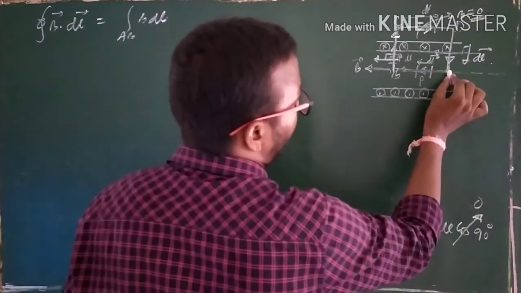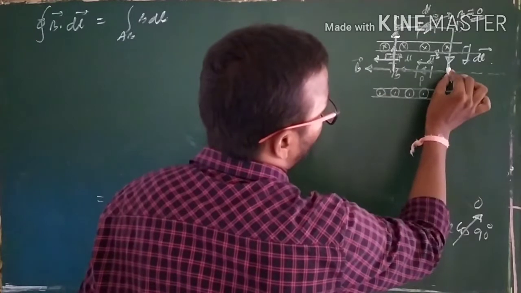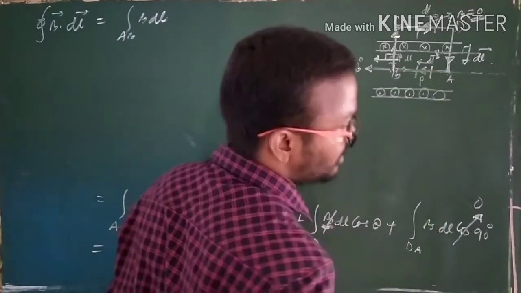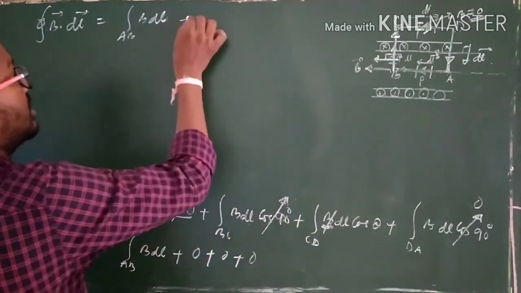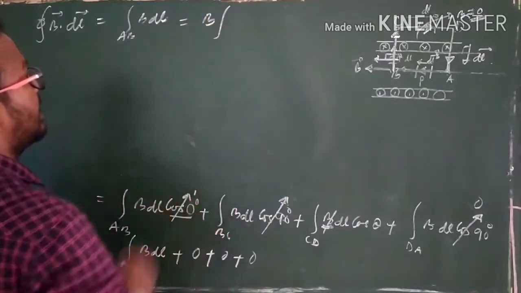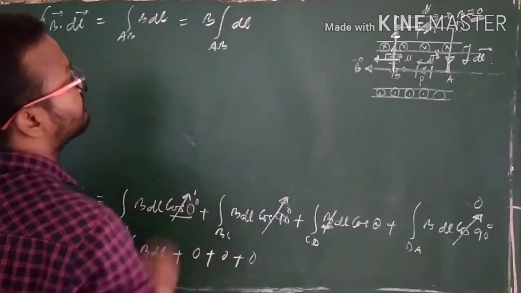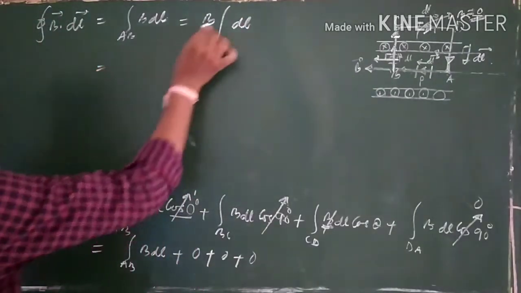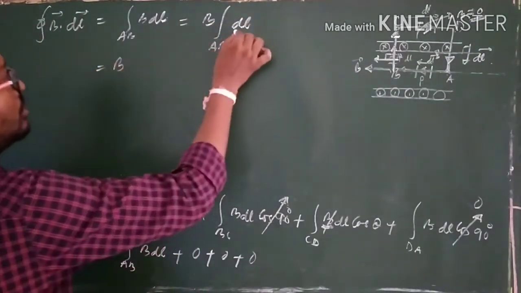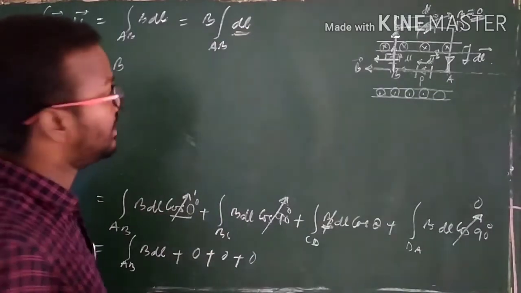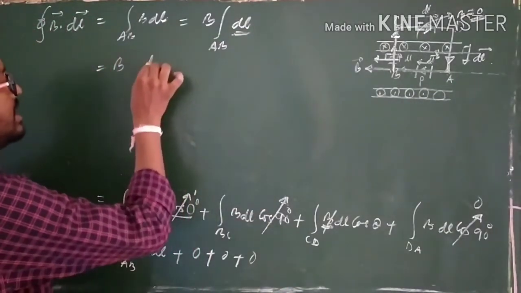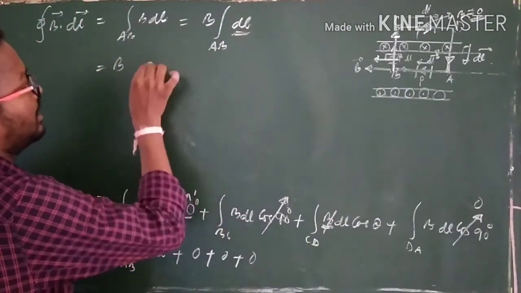For an ideal solenoid B is a constant quantity, so we can take it out of the integration. So B times the integral of dl, where dl is the length element.